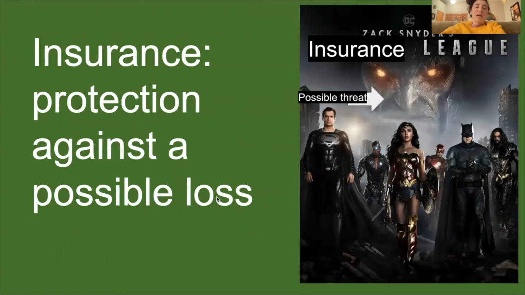So then we get to this idea of insurance. It's really important that as you grow older, you are thinking about getting insurance, because unfortunately we live in a world that is not all sunshine and rainbows. And insurance gives you protection against possible loss.